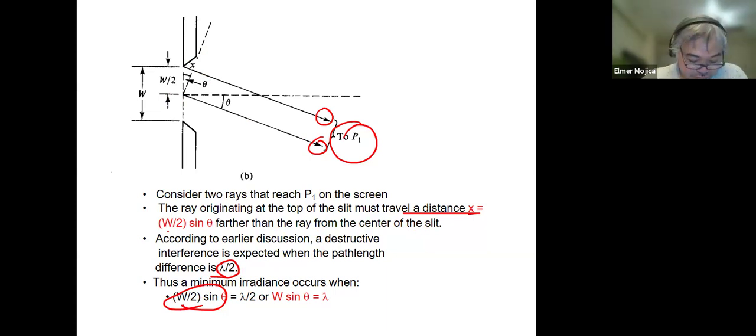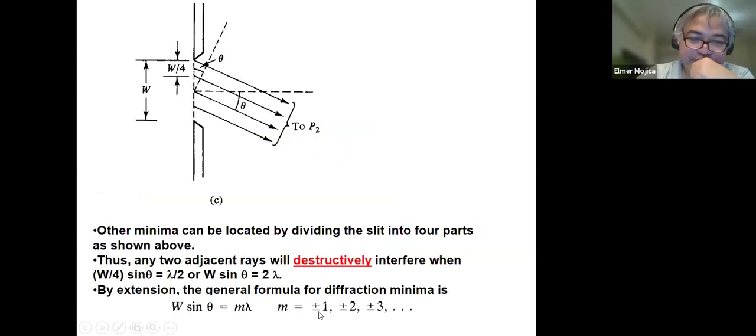Now, what if you have more rays like this one? You can have other minima by dividing the slit into four parts, as shown here in this figure.